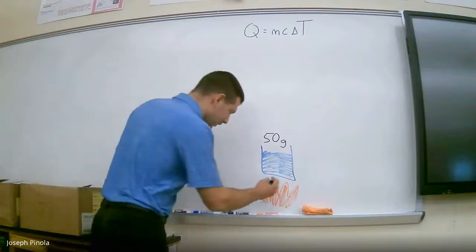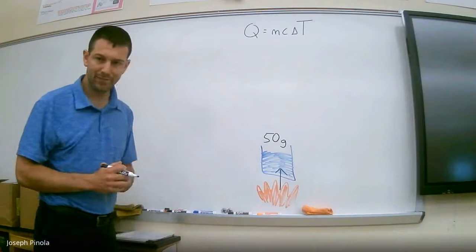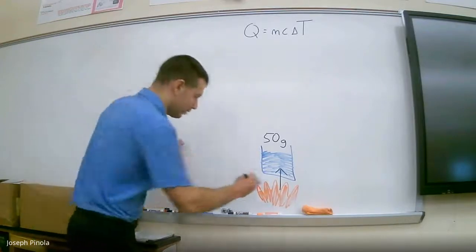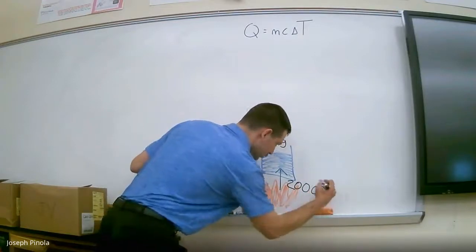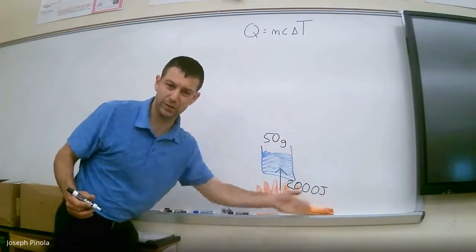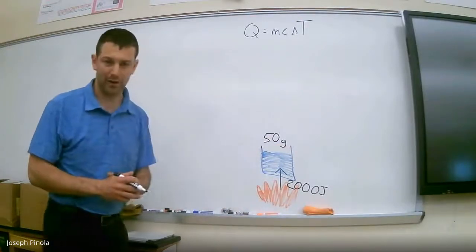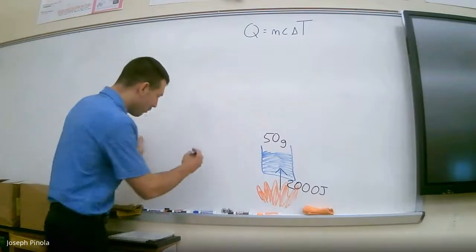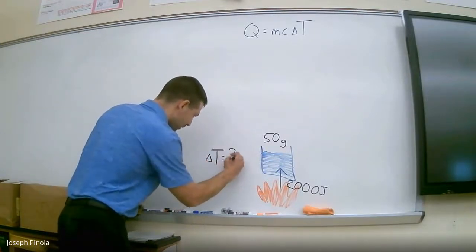And I leave it in the fire so that the fire transfers heat to the water. Let's say the fire transfers 2,000 joules. Joules because heat is a form of energy that's being transferred. 2,000 joules of heat from the fire to the water. How much will the water change its temperature by?